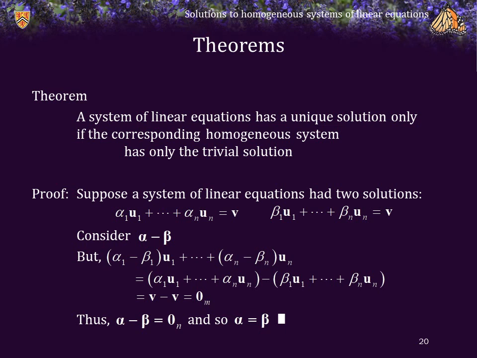So therefore, if we had two solutions, those solutions must be equal. Therefore, if the corresponding homogeneous system has only the trivial solution, then the system of linear equations, if it has a solution, must have a unique solution.